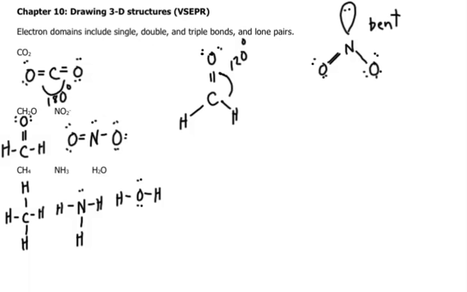Let's move on to CH4. CH4, the carbon has 4 electron domains, and when you have 4 electron domains, the farthest apart that they can get is when it makes what we call a tetrahedral electron geometry. And to draw this in 3D, this is what it should look like.